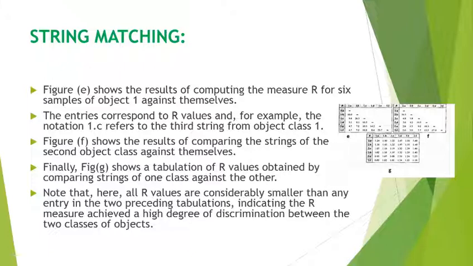At any position, the value of R will be less than its corresponding self matching. So all the R values are smaller than any entry in the two preceding tabulations, indicating that the R measure achieved a high degree of discrimination between the two classes of objects.